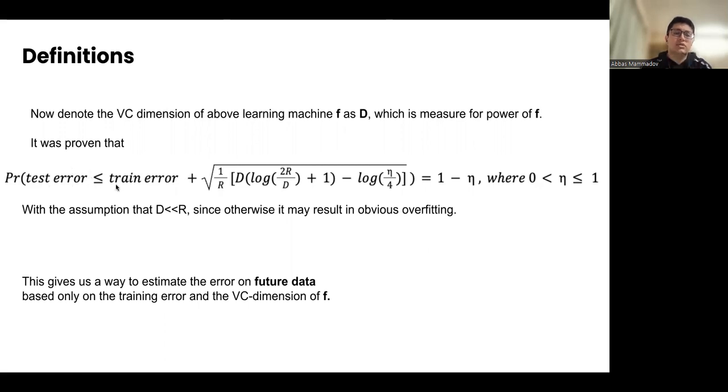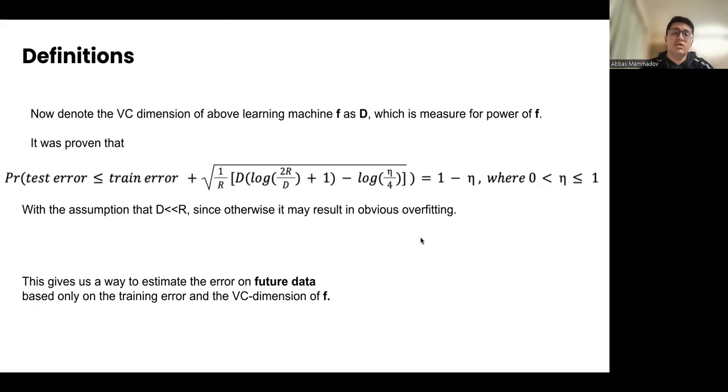And if we have D, the VC dimension, then Vapnik and Chervonenkis proved that the probability of test error is less than train error plus some constant, depending on the number of training examples, the VC dimension, and eta, which is a constant. This inequality will be satisfied with the probability of 1 minus eta, where eta is between 0 and 1.